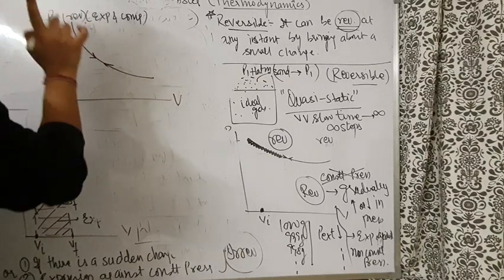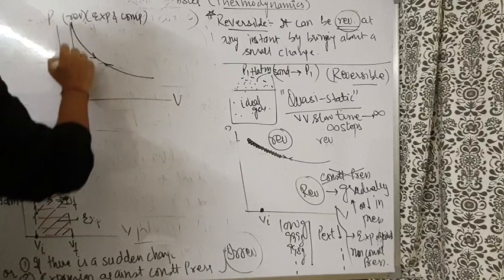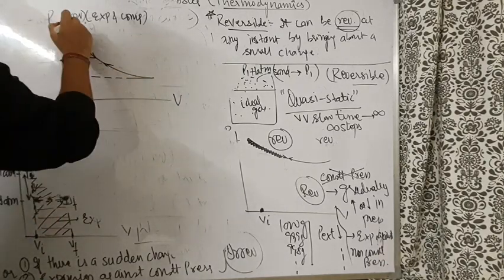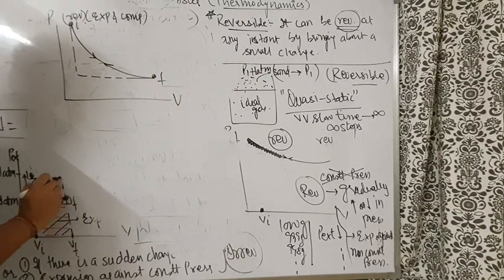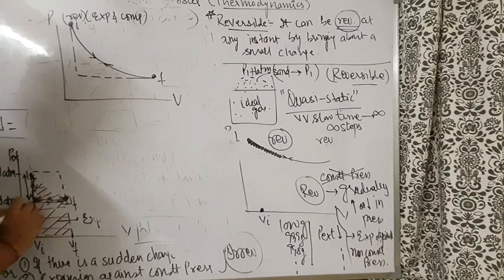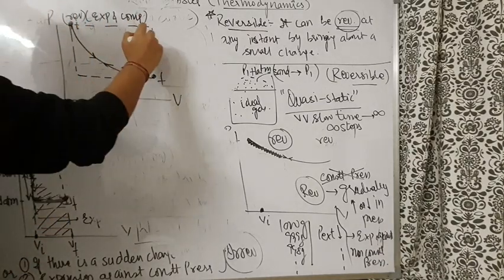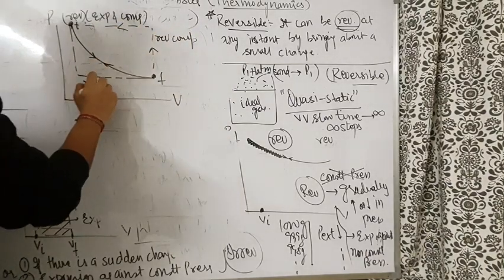For irreversible, this is how the expansion will look like. With a dotted line I can represent initial position, final position. This is how the expansion looks like. For compression, it looks like this. This is reversible compression. This is reversible expansion.